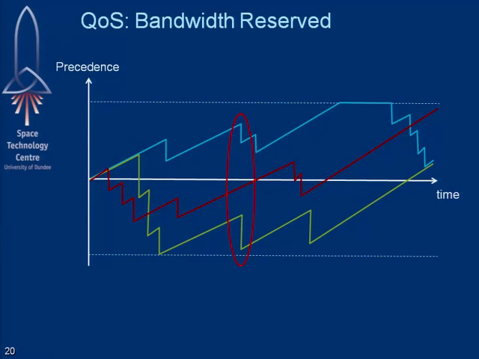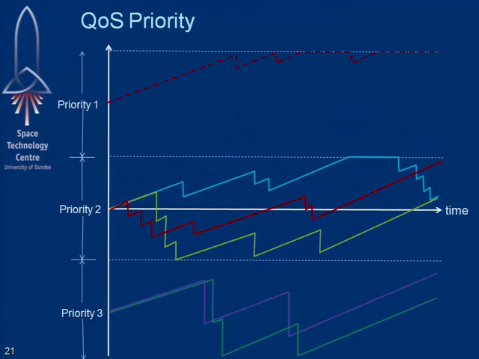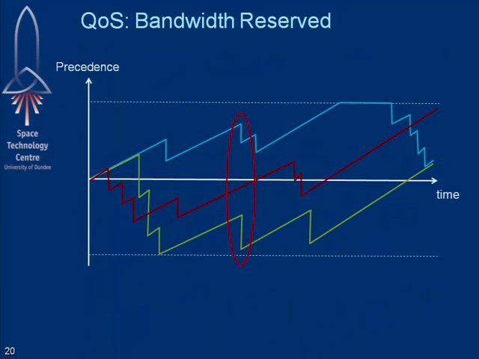Okay, and here we see that we've got 2 virtual channels. Both want to send at the same time, and it's the blue one that goes first because it's got higher precedence, and then after that the green one can go next. I guess actually here you can see with the blue line, eventually it reaches the dotted line at the top and it saturates.